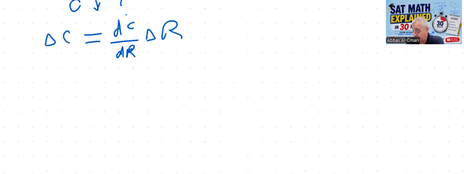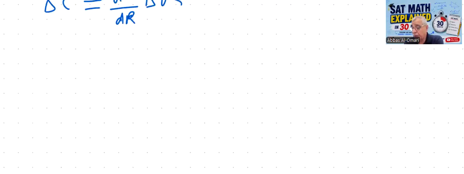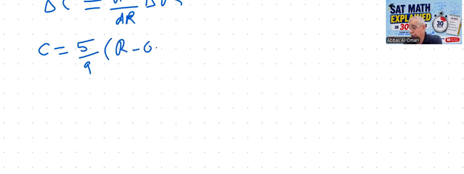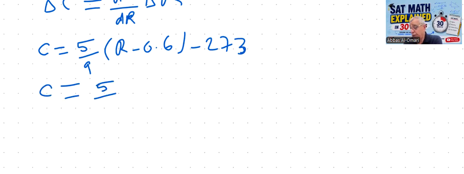So we have the relationship C equals, I'll write it again, 5/9 R minus 0.6 minus 273. So I simplify this a little. So C equals 5/9 R minus 5/9 by 0.6 minus 273.